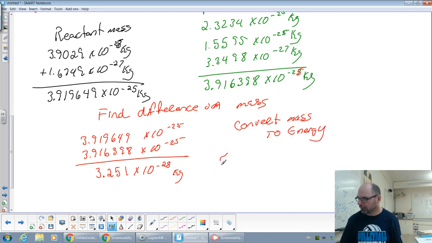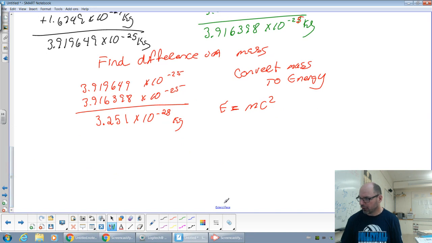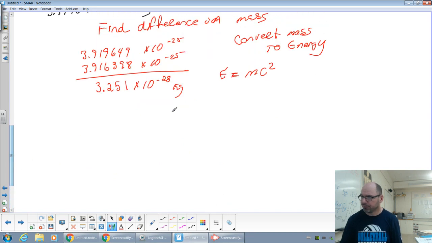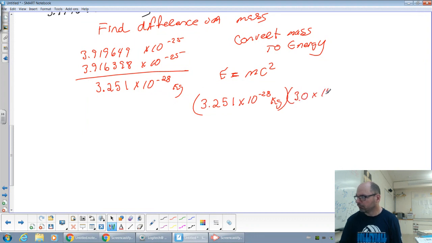Okay, so E equals mc squared, we know that. So in our case, we take our mass and we multiply by the speed of light squared. And what do I get there?